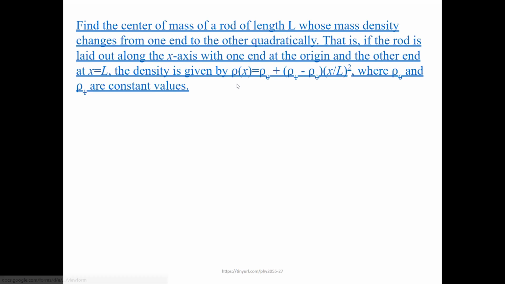Density rho as a function of position x is equal to a constant rho sub 0 plus rho 1 minus rho 0 times x divided by L, squared. Okay, so that gives you a quadratic formula here, where rho 0 and rho 1 are constant values. Okay, so then what would be the center of mass of this rod?